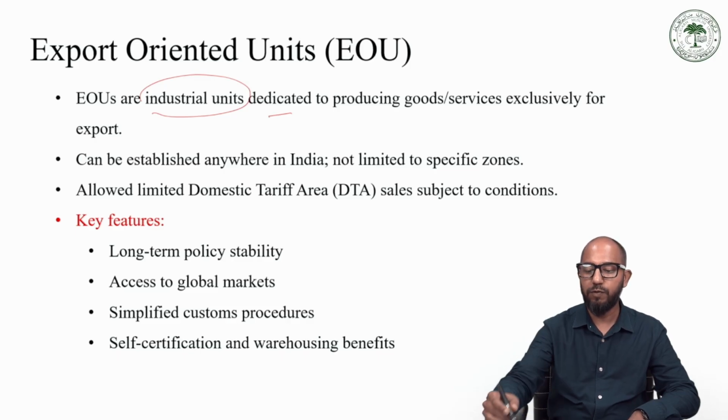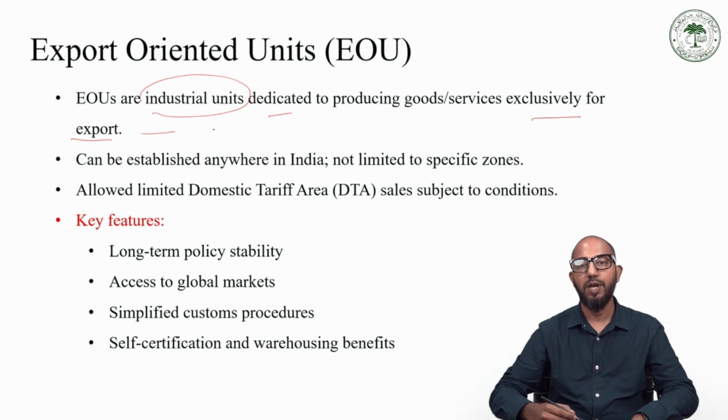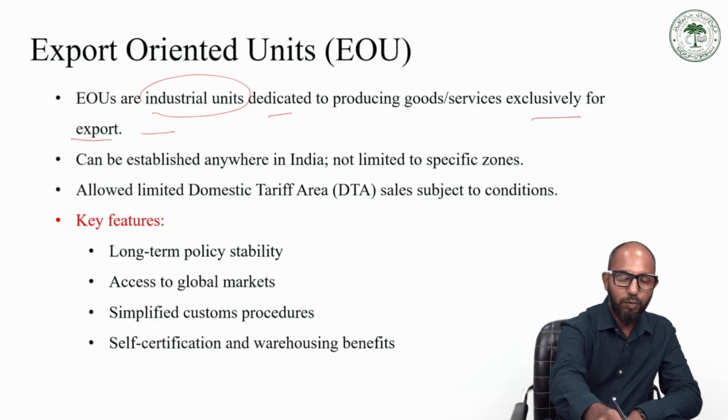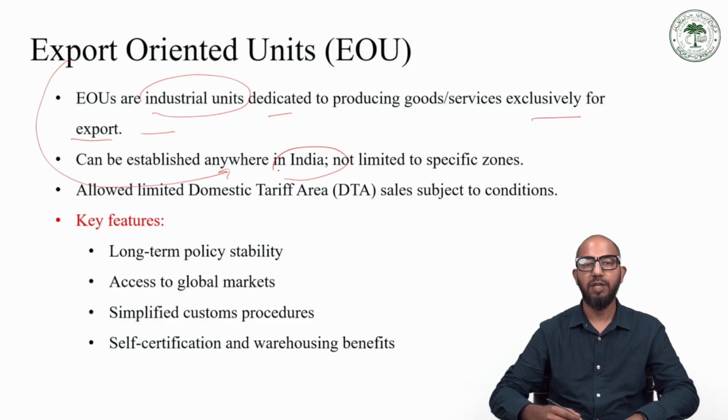This exclusive production for export boosts India's exports and thus makes the balance of trade positive. Export-oriented units can be established anywhere in India and are not limited to any specific zones. Export-oriented units are allowed limited domestic tariff area sales subject to conditions.